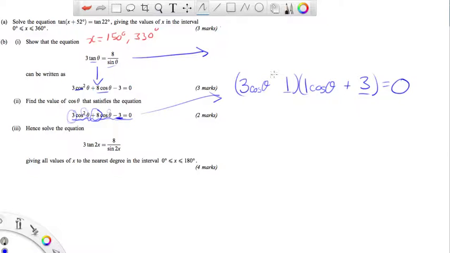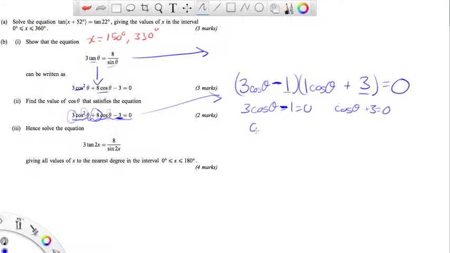If I make that positive, it will be positive 9. And if I subtract this, this will be a positive 8 for that middle term. So I get these two factors, so I can set them equal to 0. So 3 cosine theta minus 1 equals 0, and cosine theta plus 3 equals 0.